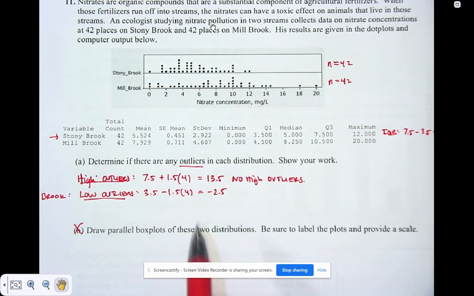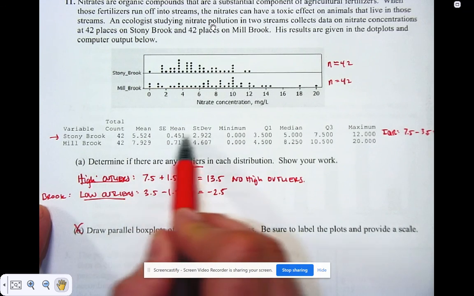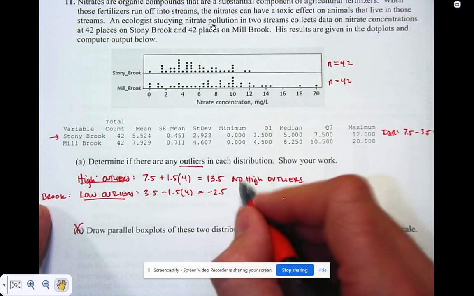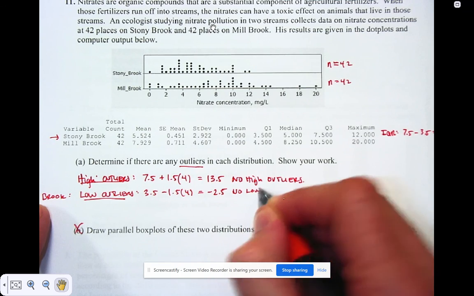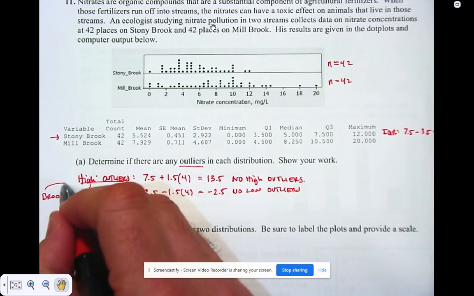So if there are any data points in Stony Brook that are lower than negative 2.5, it is an outlier. Well, go to Stony Brook and look at the minimum. The minimum is 0. So that means there are no low outliers. Okay, so this is Stony Brook.